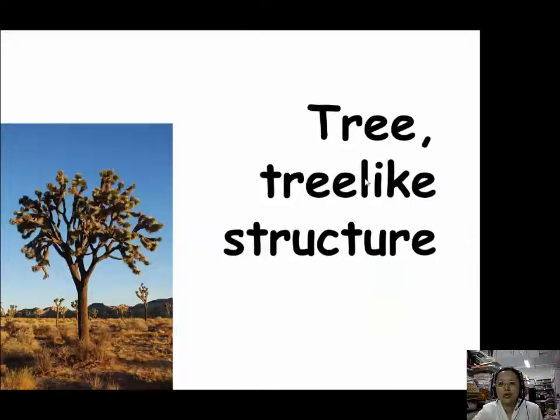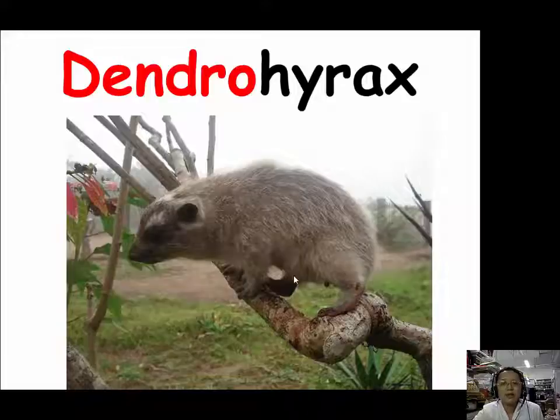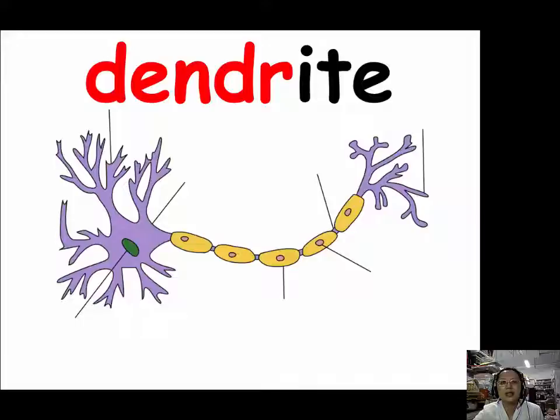For tree or tree-like structure, we could use this prefix dendro, D-E-N-D-R-O. Our example is Dendrohyrax. This is a picture of Dendrohyrax. It belongs to a genus comprising the tree hyrax. It is a native animal in Africa, I think.